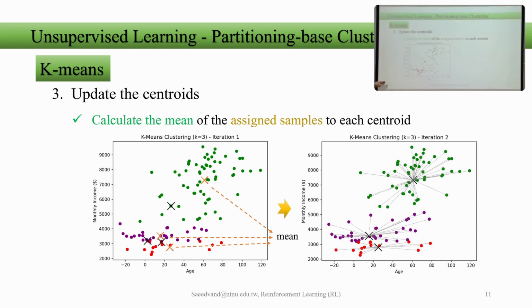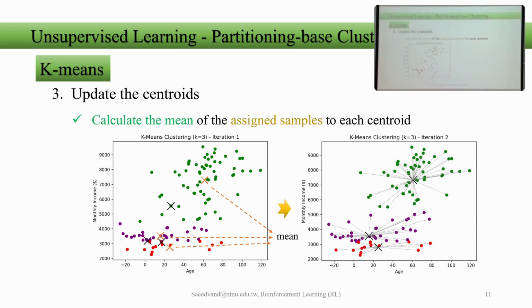How? We say, okay, we had this data and the centroids. Now, for example, for these green ones, can I get the mean? Yes, of course I can. If I get the mean, what will happen? I will have a point somewhere around here, the center of the data, right? For the red one, the same.